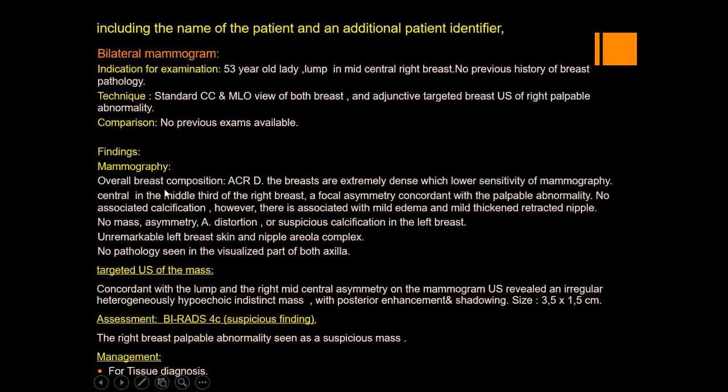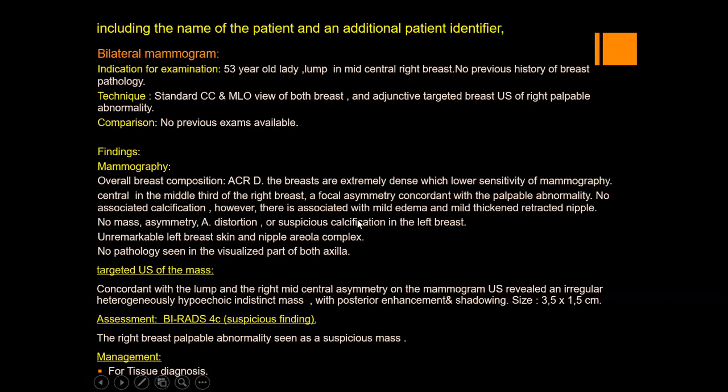Findings, overall breast composition, ACR D. The breasts are extremely dense, which lowers sensitivity of mammography. Centrally, in the middle third of the right breast, a focal asymmetry, this is my case, concordant with a palpable abnormality, no associated calcification.